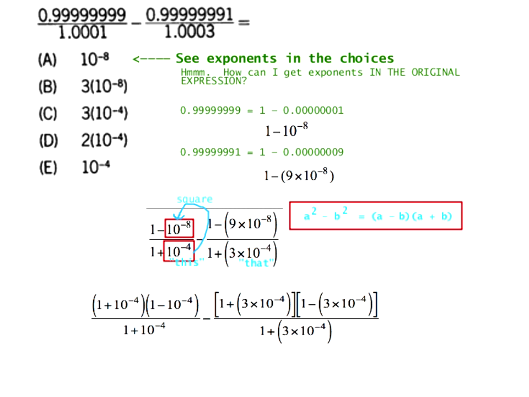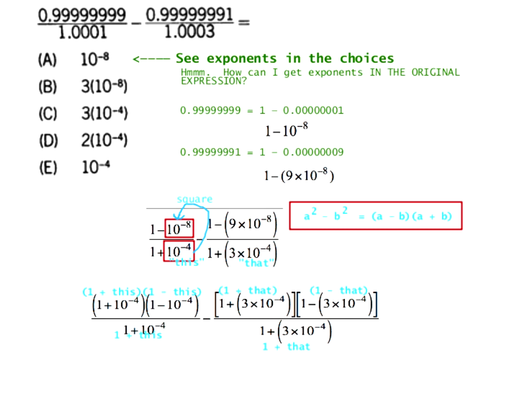But it's basically just 1 plus this times 1 minus this, over 1 plus this. And then this is really just 1 plus that, 1 minus that. If you just think of it as this and that, then it's a lot less scary.